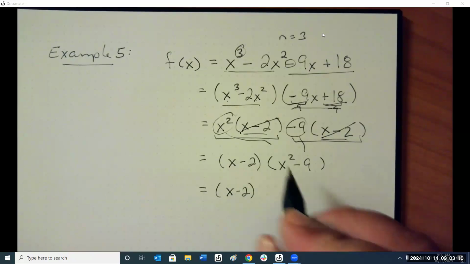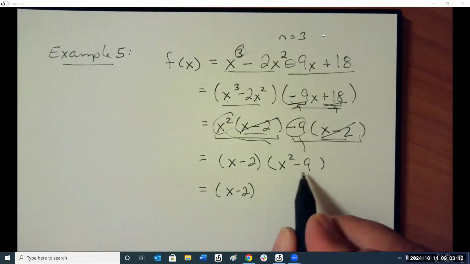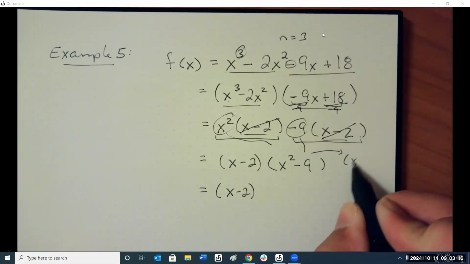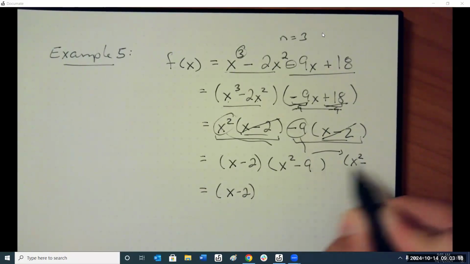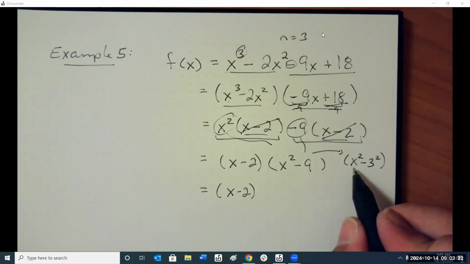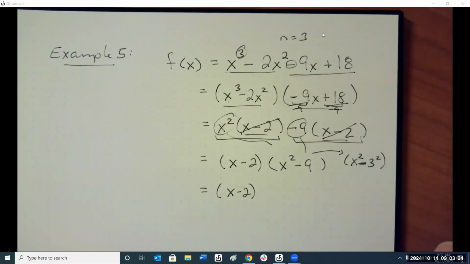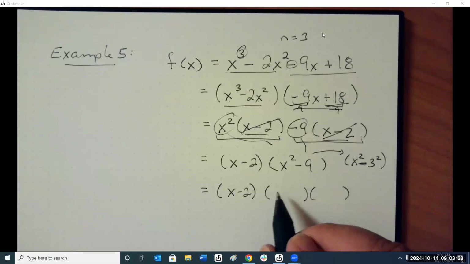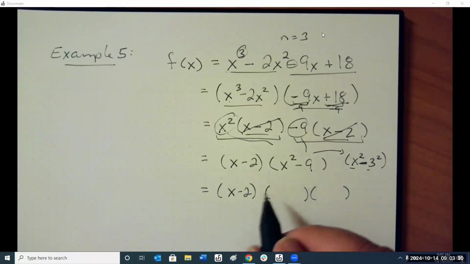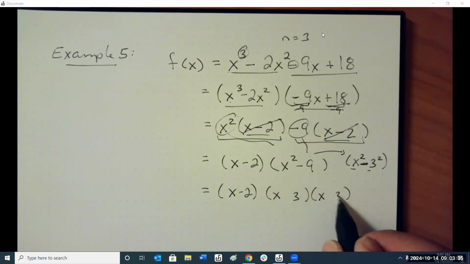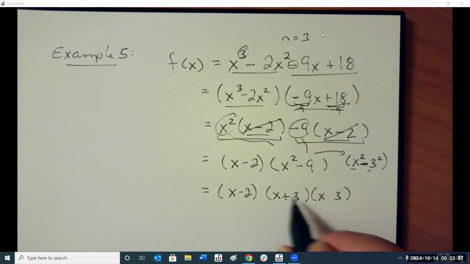So x minus 2, well, this one, x squared, 9 is made up of 3, so it's 3 squared. This is the difference of 2 squared terms. The difference of 2 squares is you take the terms x and 3, and give them opposite signs.